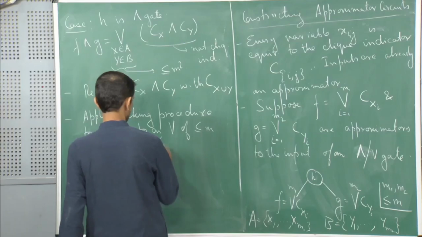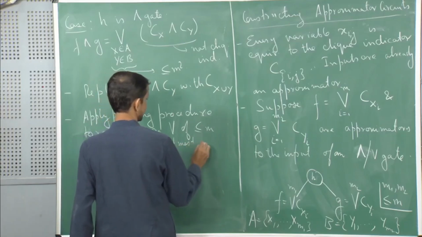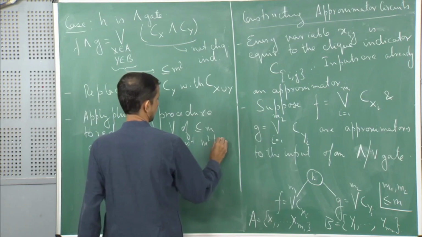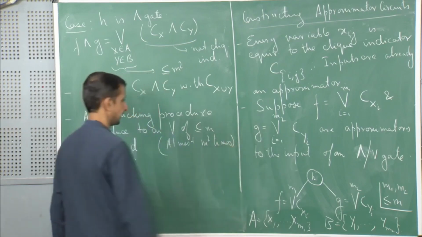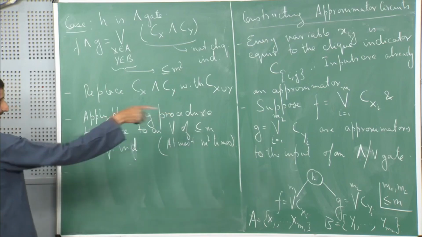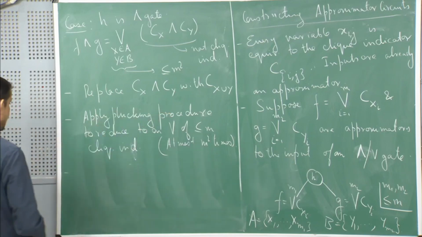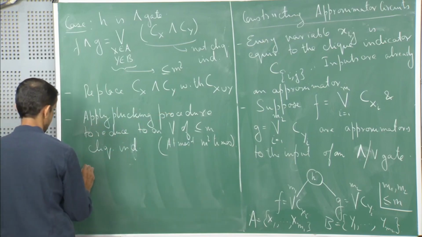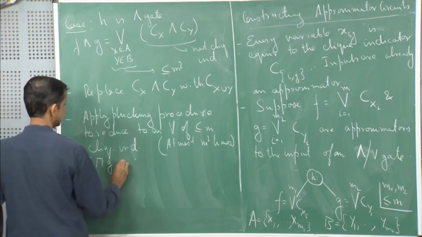Okay. So at most m square times. Okay. So now we can define, as earlier, what our f and g are.